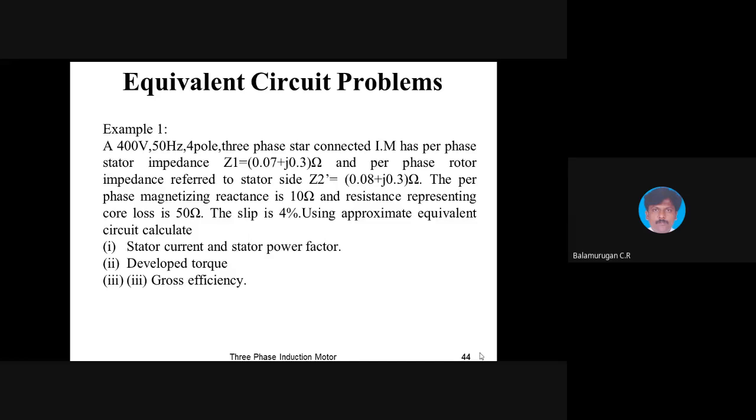So 3 into, everything will be in phase only, 239 point something. What is the value calculated? Into I1. So I1 is equal to 119.7 into cos phi we calculated, 0.89.